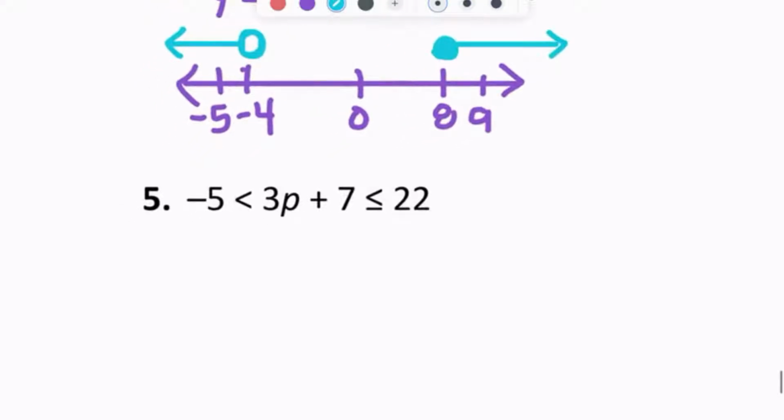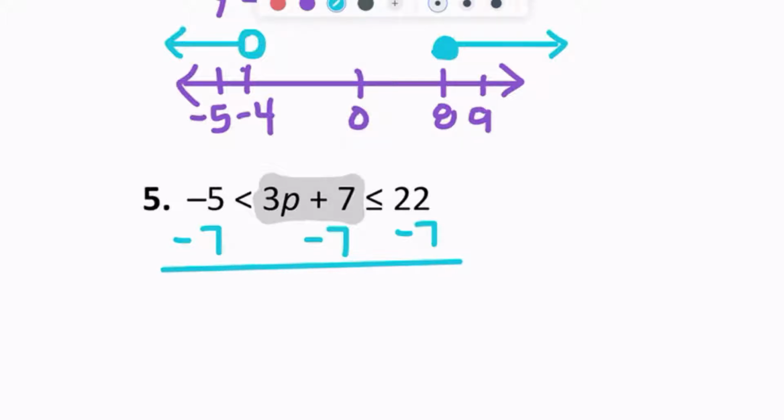Okay? Again, it doesn't have to be necessarily, we've done 1 steps, so here's a 2-step. Looking at this middle statement, I have 3p plus 7 in the middle. So first thing I would have to do is get rid of the addition of 7.